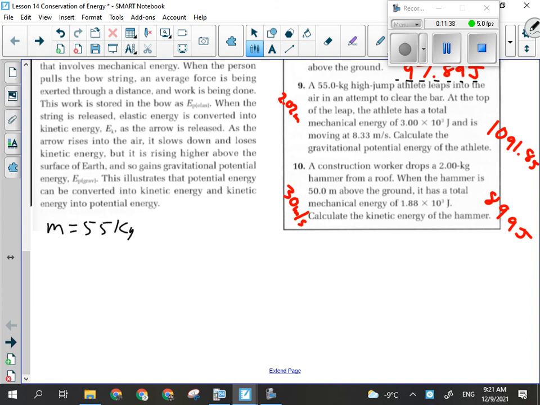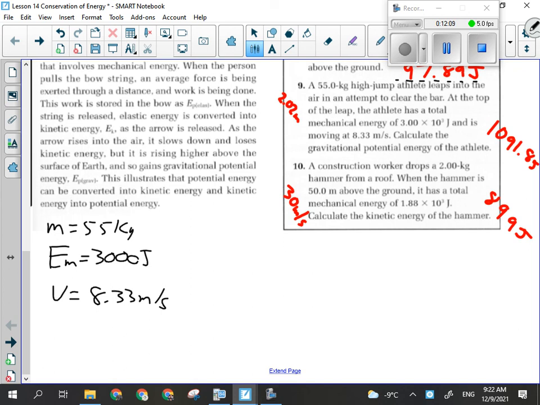They tell us that they have 3,000 joules of mechanical energy, and that they're moving at 8.33 meters per second. And of course, if they're moving at 8.33 meters per second, it's probably because they're running on the ground, right? Okay.